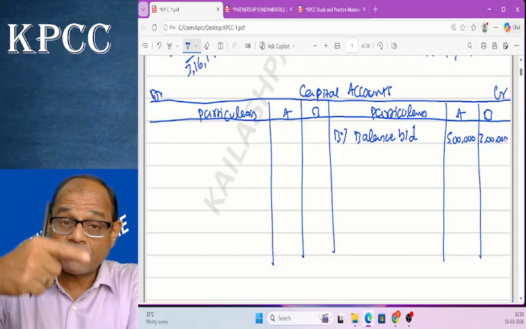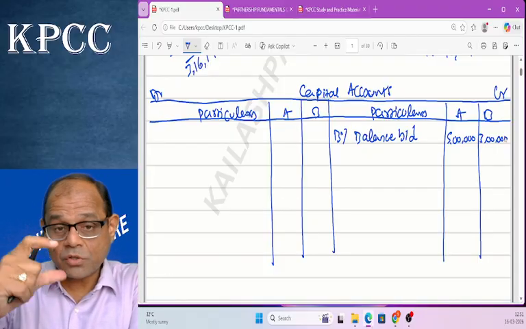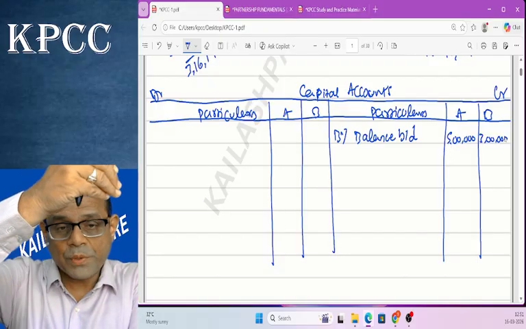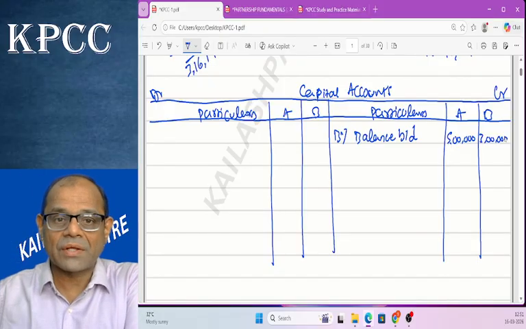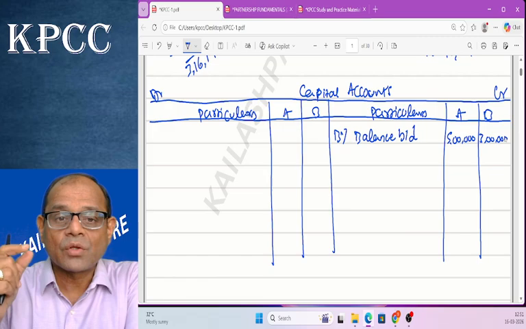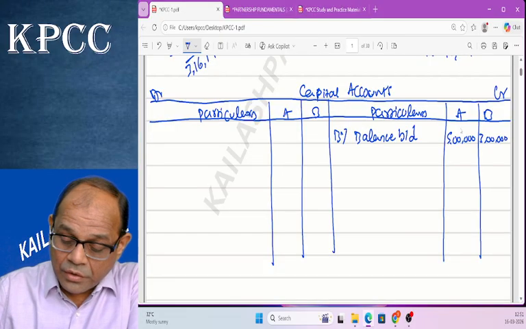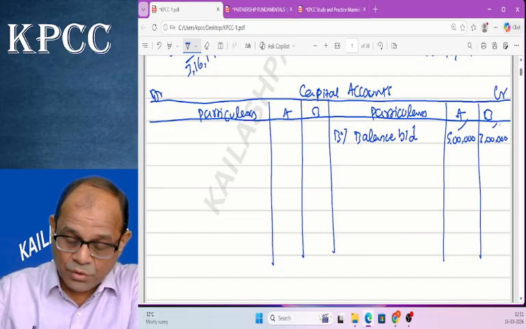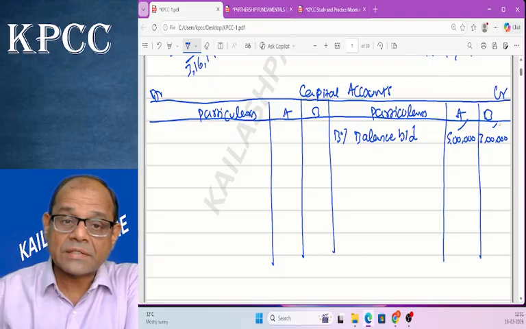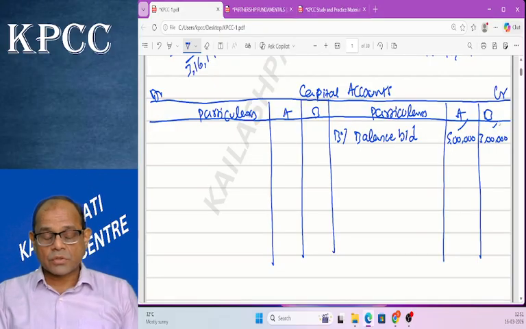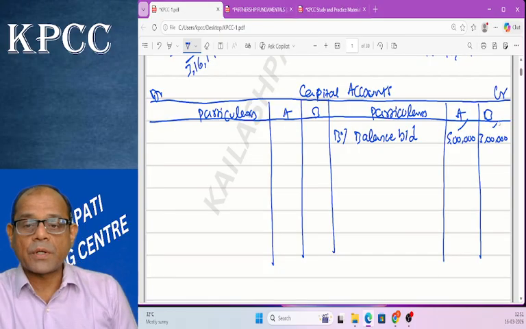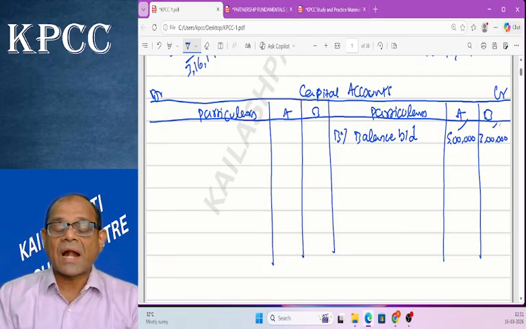You remember in video 1, while explaining the capital accounts concept, all the appropriation debit side items will come in the credit side of the capital accounts, because you have to give those amounts to the partners. How will you give? By adding to their capitals. Capital accounts are in credit balance, so you put all those items in the credit side. Automatically those amounts you have appropriated to the partners will get added to their capitals.